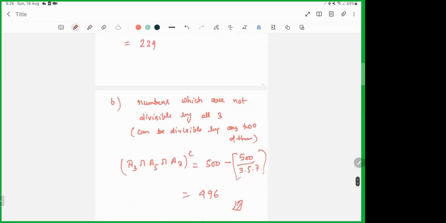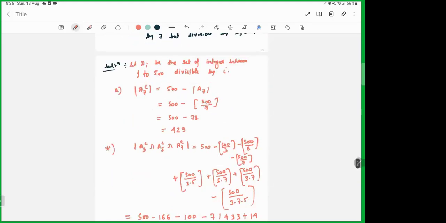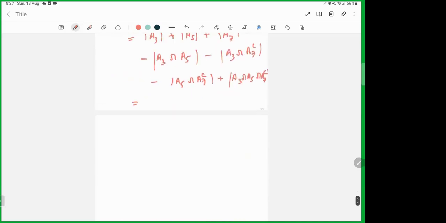Maybe another easy way can be this, right? The first part we have computed, A7 complement, and in this computation we have computed numbers which are not divisible by 3, not divisible by 5, not divisible by 7, right? So this is clear from A and star, also from A and star.